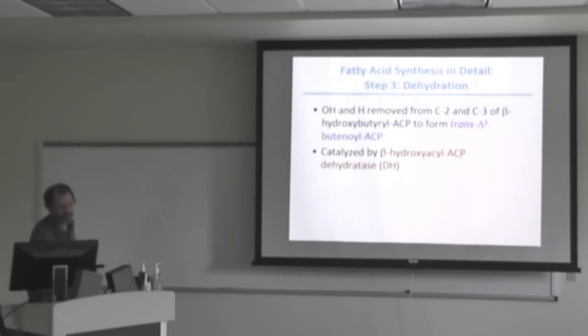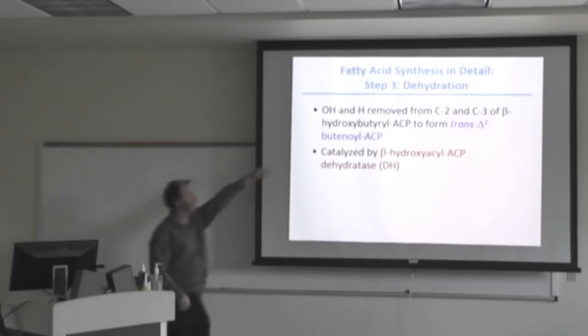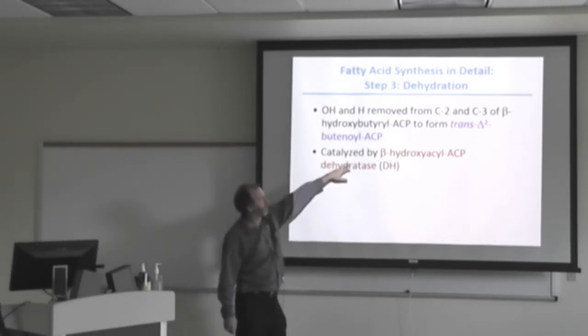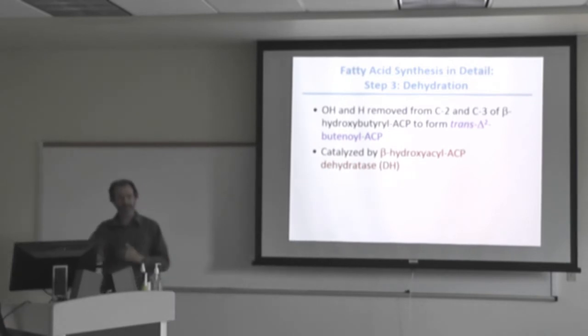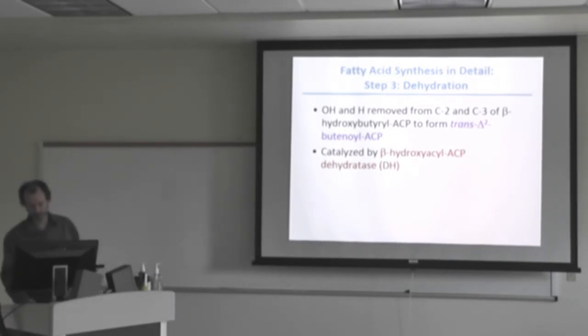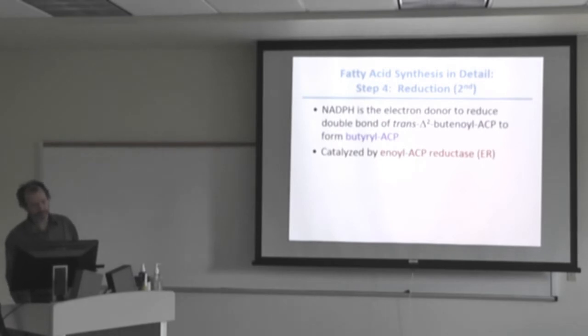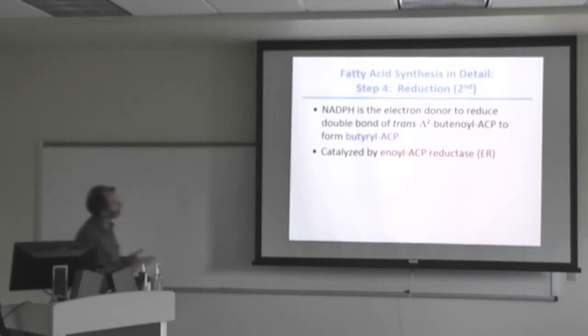Then the hydroxy group and a hydrogen are removed from the C2 and C3 of the beta-hydroxybutyryl ACP to form the trans-delta butenoyl, the ene group, catalyzed by beta-hydroxy-ACP dehydratase. Dehydratase removing water. Fatty acid synthesis in detail, step 4.